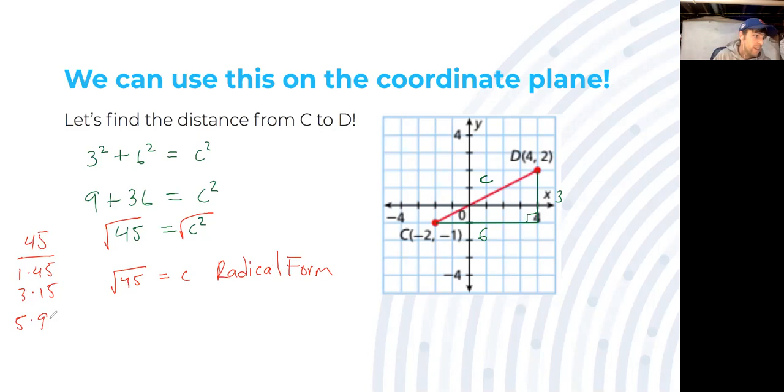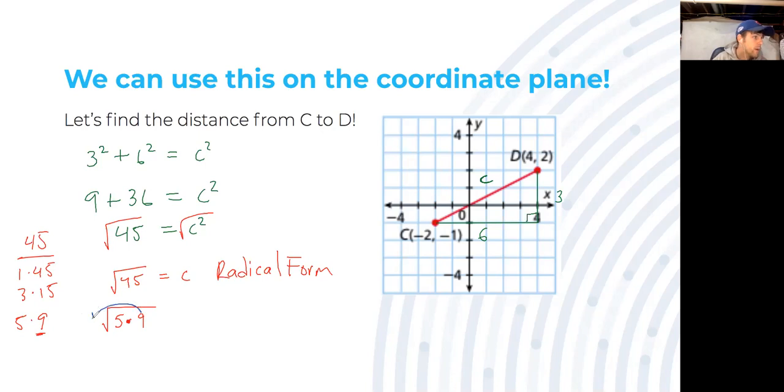When I look through these numbers, I notice 9 is a good perfect square. 9 I can take the square root of. So if I want to do reduced radical form, I would split this up as 5 times 9. Right? And then we know the square root of 9 is actually 3.